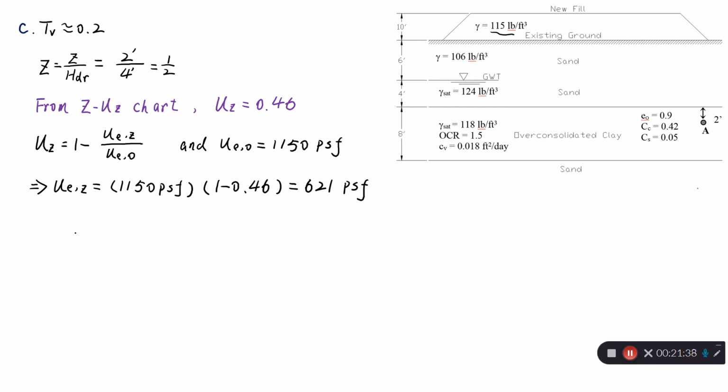Okay, so that's the excess pore water pressure.